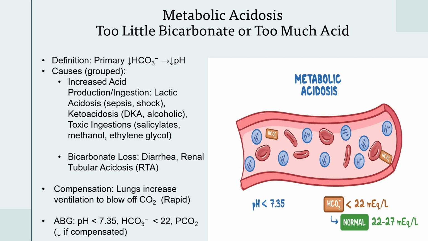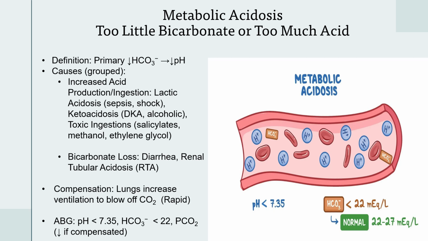And you have the bicarbonate loss, especially if you have a lot of diarrhea, where you're basically excreting a lot of bicarbonate. And then you have renal tubular acidosis, which we mentioned earlier when we looked at the nephron.